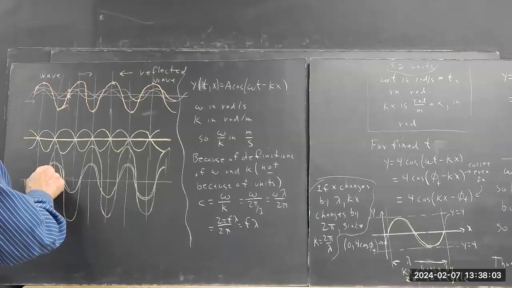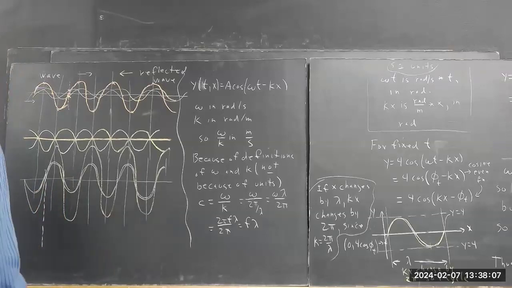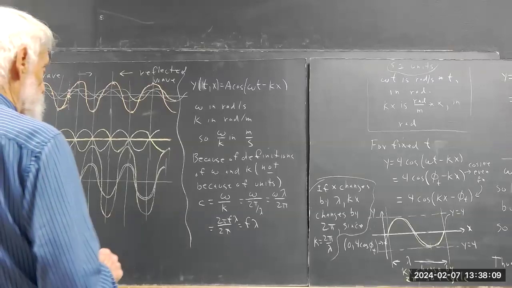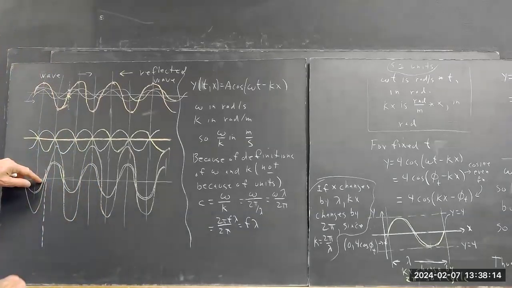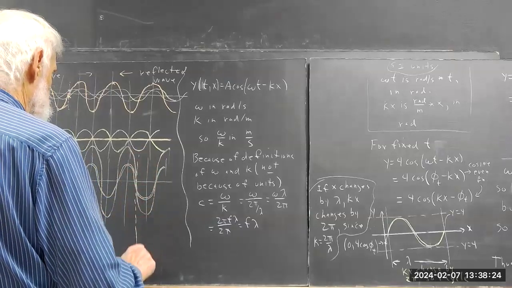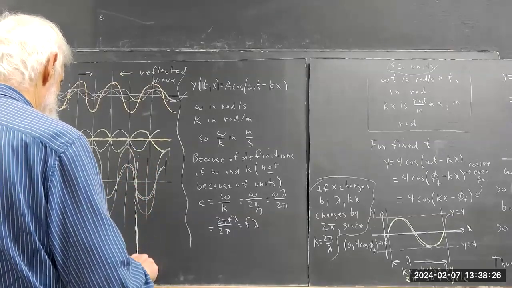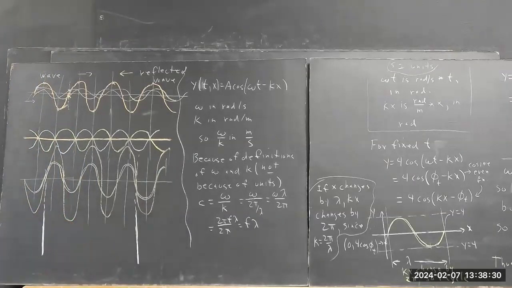Okay, so I'm now going to draw a white line through here. One of the points for the orange graph comes out zero. Okay. Another point where the orange graph comes out zero. I'm going to say, okay, here are two walls.